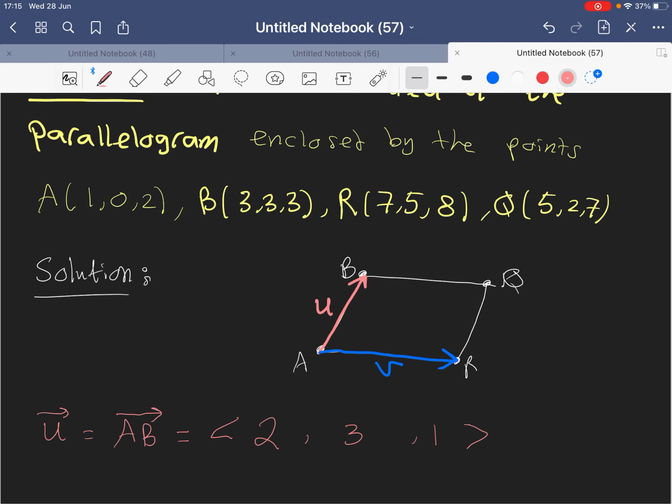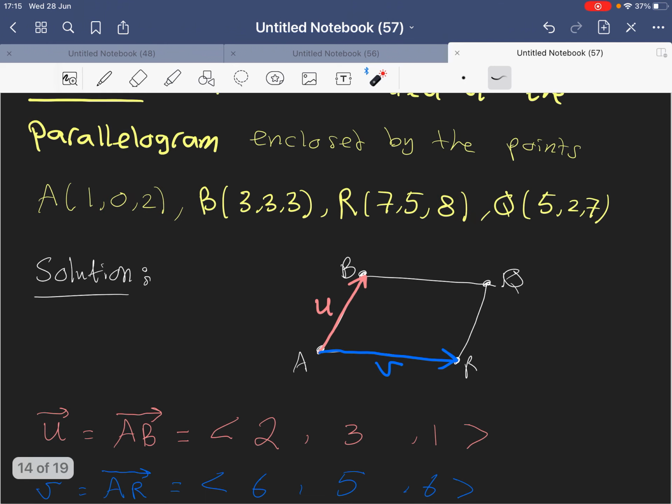Now for the vector V, which has the starting point A and the end point, for example, R, we'll do the same. So we get 7 minus 1, 5 minus 0, and 8 minus 2. We get those two vectors.